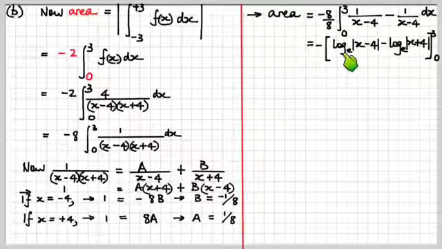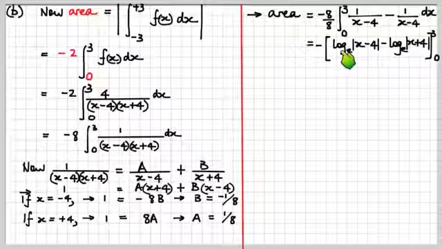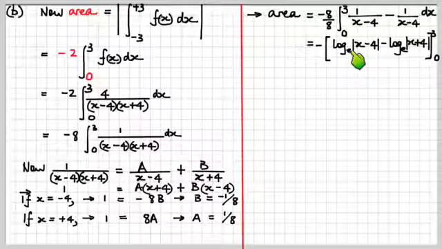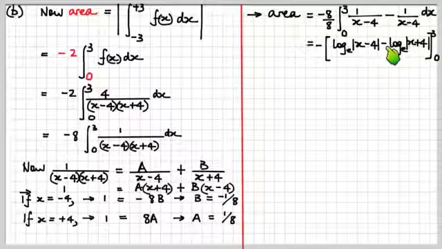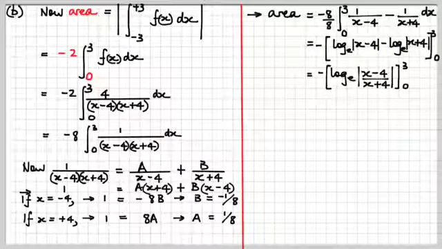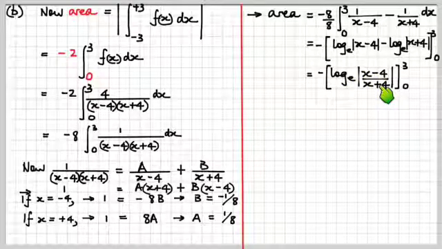Minus log of modulus x minus 4 base e, minus log of modulus x plus 4 base e, integrated from 0 to 3, alright? So far so good. Now I think we'll just combine those terms to make it a bit easier using the log laws. So that's minus the log base e of the modulus of x minus 4 over x plus 4, and it's looking pretty cool.